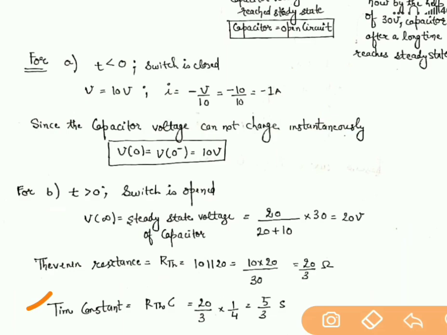Over here we are talking about R Thevenin multiplied by capacitance, so you will get the time constant, that is 5 by 3 seconds. So you can pause the video, try to analyze the initial voltage, the final voltage, and the time constant. Once you are able to calculate and get the right answers, then we can move further.